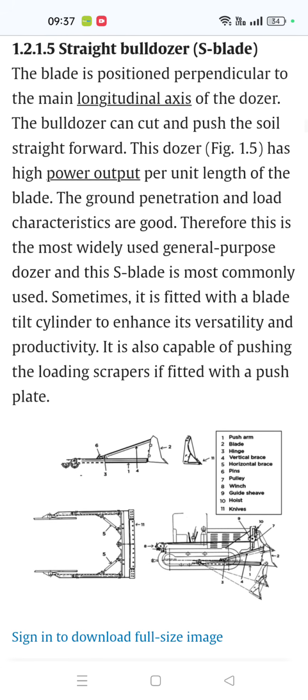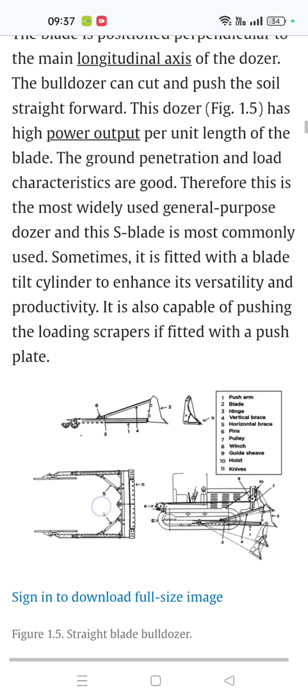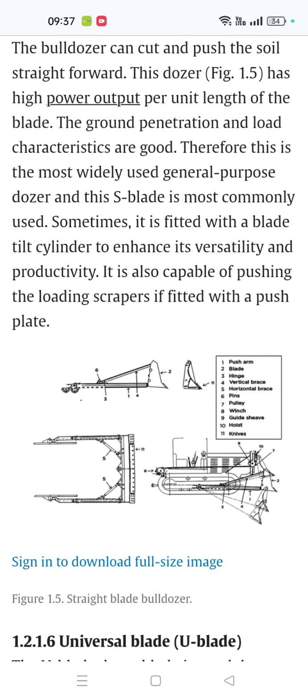The ground penetration and load characteristics are good. Therefore, this is the most widely used general purpose dozer, and this S blade is more commonly used.